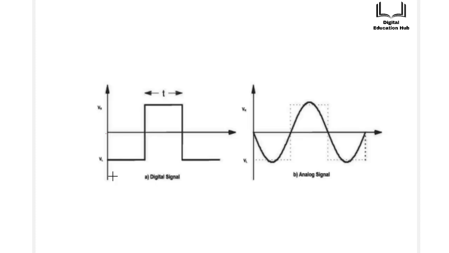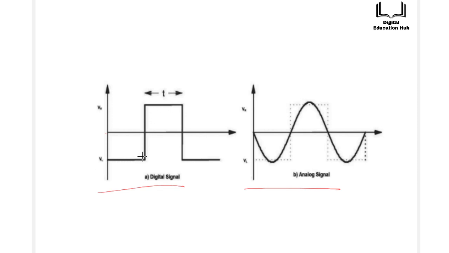This is the waveform, the graphical representation of an analog signal and a digital signal. The analog signal is represented by a sinusoidal waveform, and here this is discrete, or non-continuous.